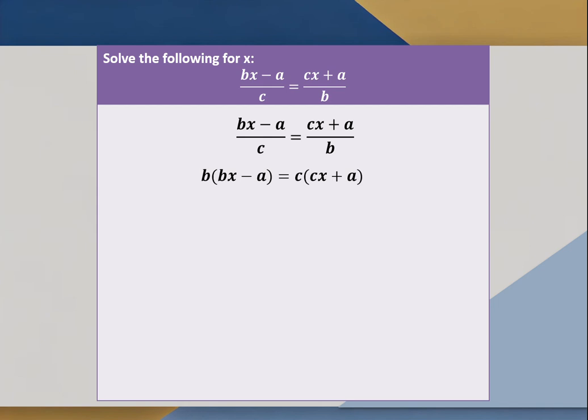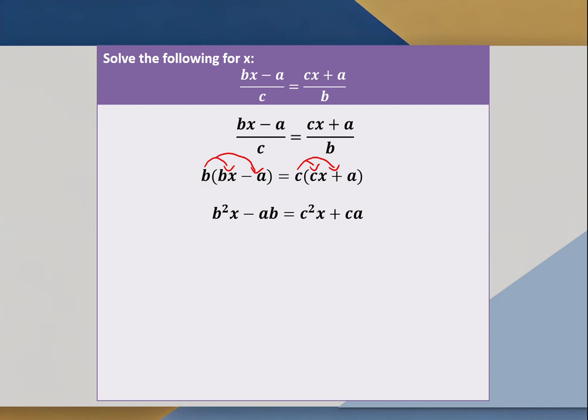So that means I can rewrite it as b in brackets bx minus a, c in brackets cx plus a. Before we do anything else, we just need to expand. So that means I'm going b times bx and b times negative a, c times cx and c times a. That gives me b squared x minus ab and c squared x plus ca.